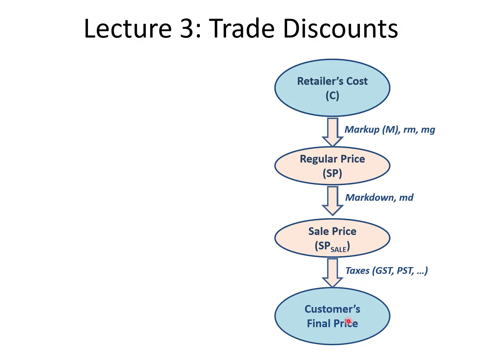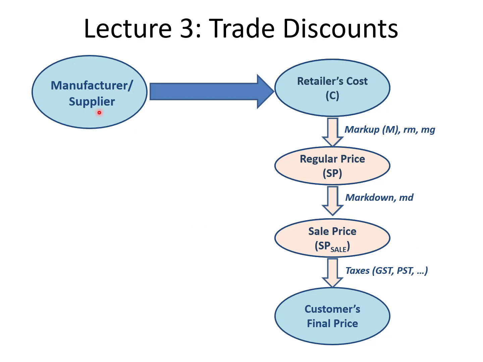And ultimately, we get to a customer's final price, typically with the addition of taxes. But how does the retailer get its cost to begin with? Well, they get a product from a manufacturer or supplier, or they produce it themselves. But today we're going to be talking about that transaction between an external manufacturer or supplier to the retailer.